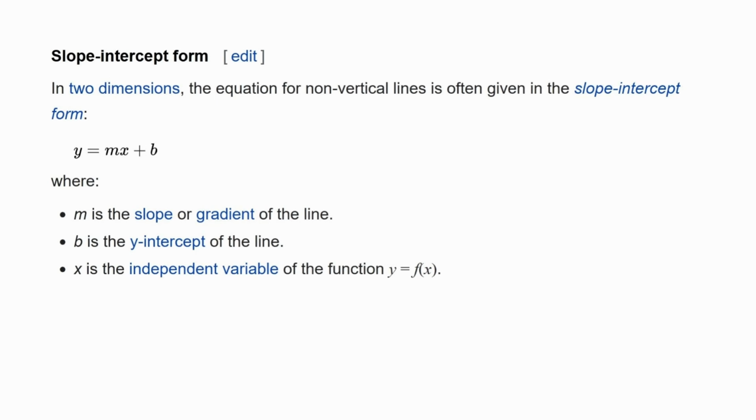So we have y equals m times x plus b, where m is the slope of the line, of our separator, of our hyperplane, where we can distinguish the segment of the sunshine from the segment of the darkness. m is the slope or the gradient of the line. b is the y-intercept of the line, so more or less a bias. And x is our independent variable, and x in our case is our feature vector in blue. And so we have a function y equals f of x.